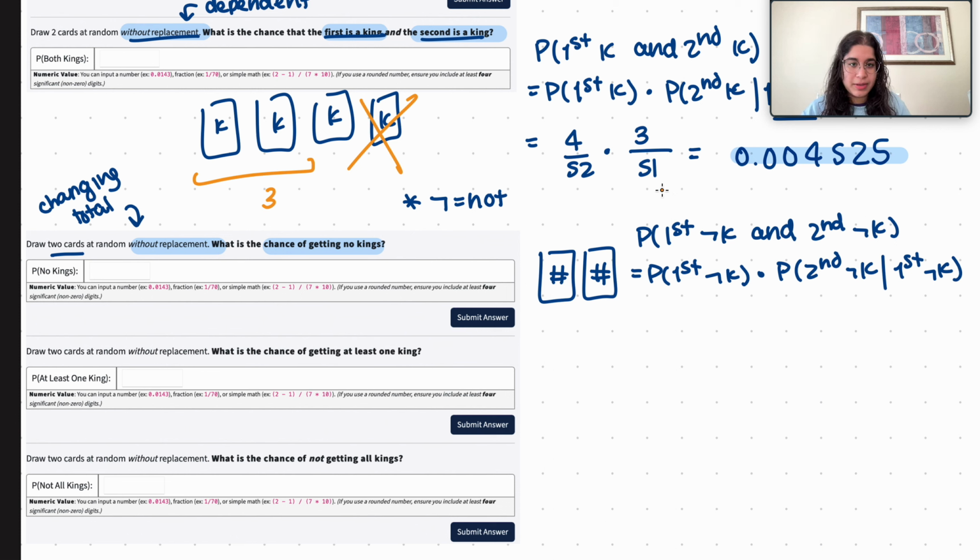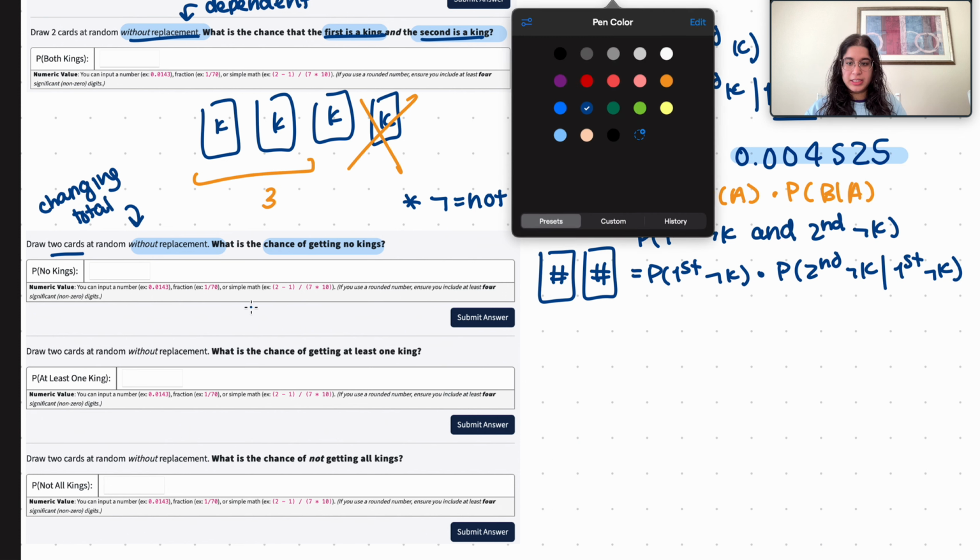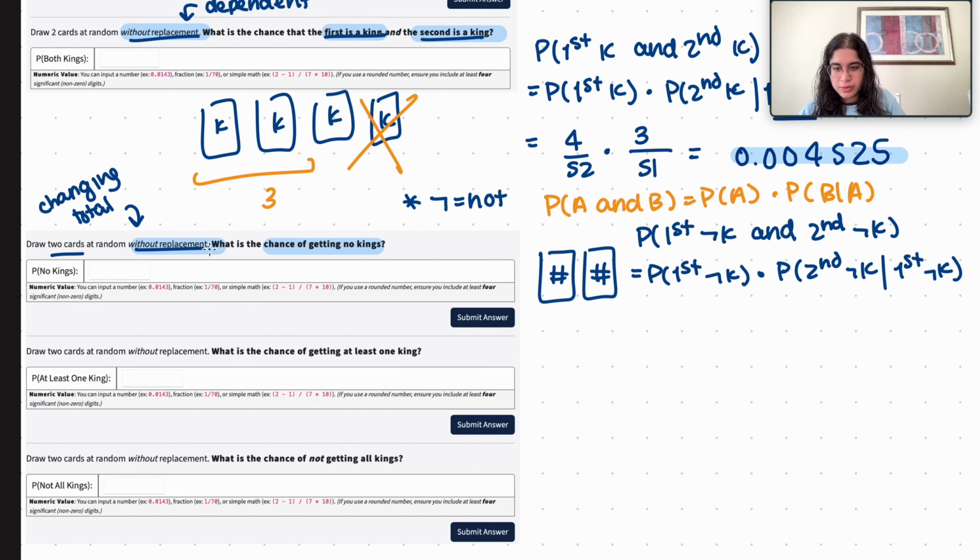Where am I getting this formula from? The probability of A and B is the probability of A times the probability of B given A. And this is for events that are not independent, which without replacement is not.